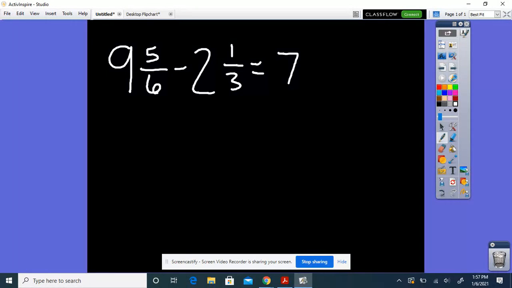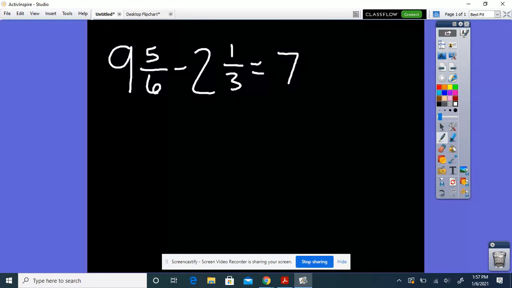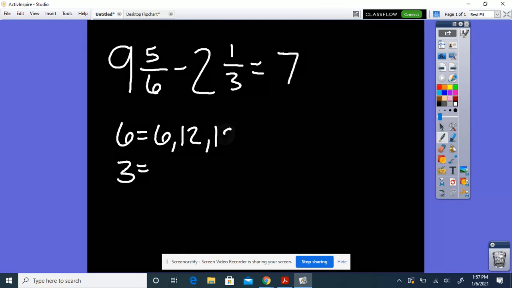We're going to start by looking at my 6. It's the denominator for my 5/6, and we need to list the multiples. And then we'll need to list the multiples for our 3 and the 1/3. So go ahead and list them. 6, 12, 18, 24, 30.